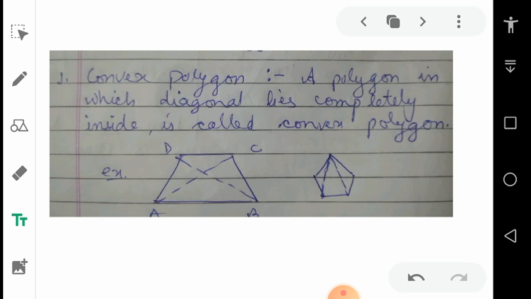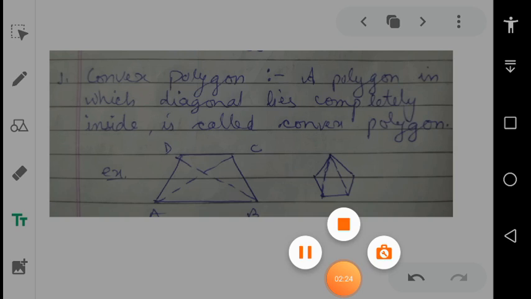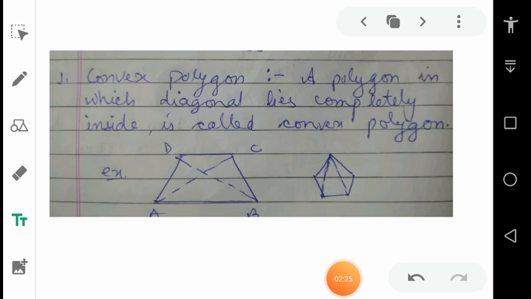Here first is convex polygon. Now a polygon in which diagonals lie completely inside is called a convex polygon. For example, there are two figures. First is a trapezium. Okay, just think of it as a quadrilateral.